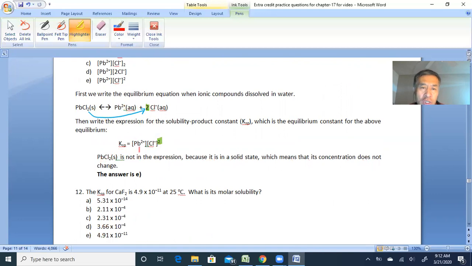So solid or liquid, they will not show in the equation for the K, whether your K is Ksp or Ka or Kb. So that's why, although we have the reactant, it is in a solid state, so therefore it does not show up in the Ksp. So then, therefore, the answer is E.